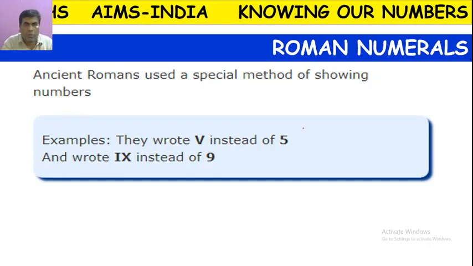Okay, next, Roman numerals. Up to now we learnt about the Hindu Arabic number system and the international number system. In the Hindu Arabic number system you have ones, tens, hundreds, thousands, lakhs, crores, arabs, whereas in the international system, after thousands, we have millions, billions, trillions.